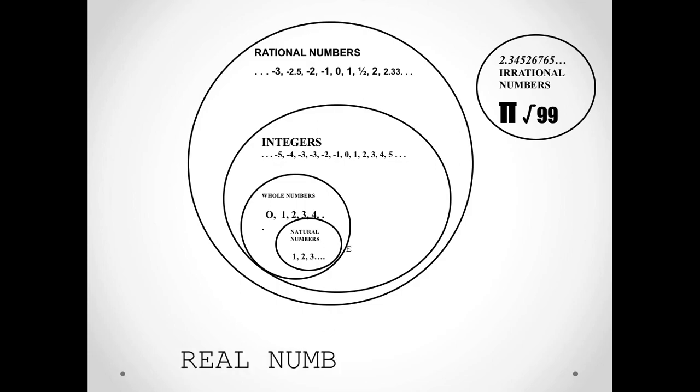They are called irrational numbers, and together they are called the real number system, because irrational numbers do not fit in these groups. So it is the other side. So we have rational numbers, irrational numbers, and together they are called the real number system.